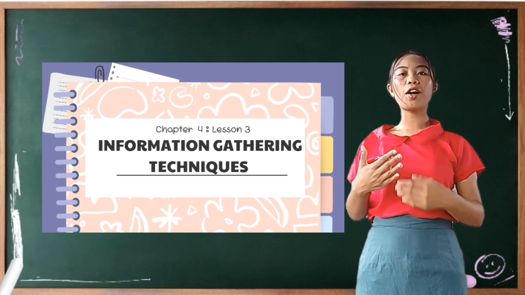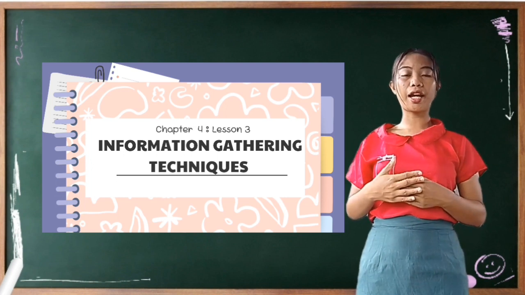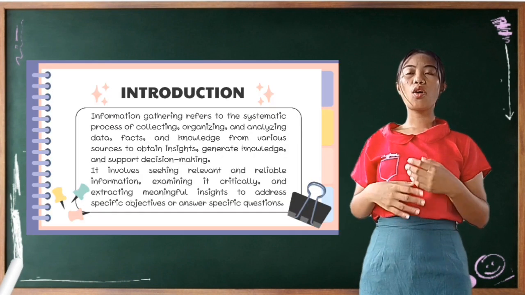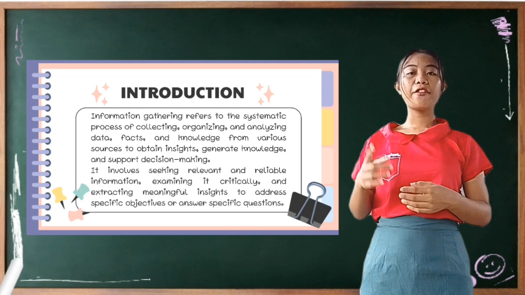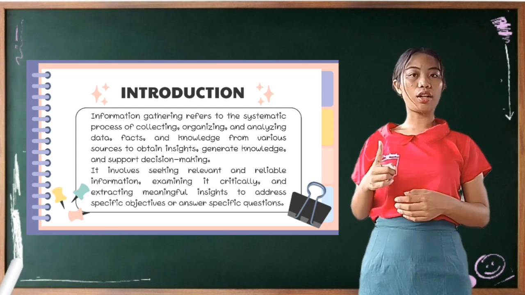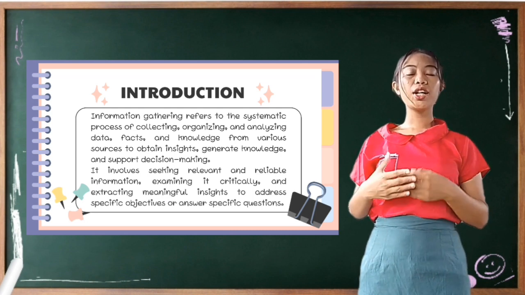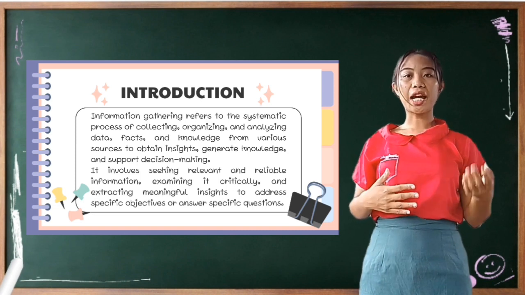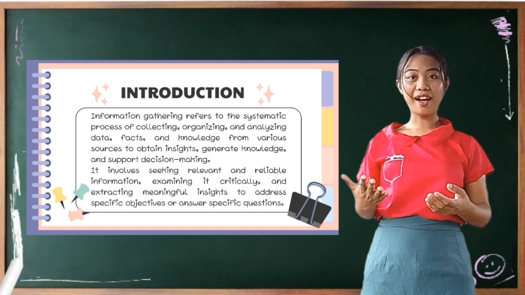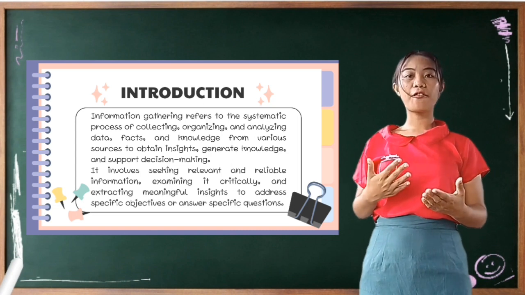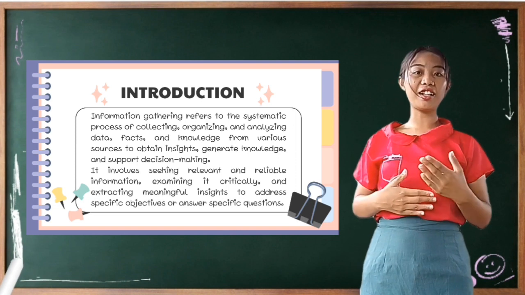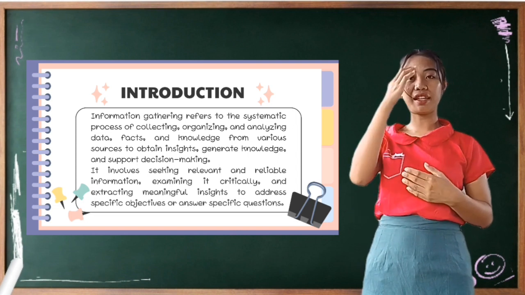But before we start, let us first define what is information gathering techniques. According to one website, information gathering refers to the systematic process of collecting, organizing, and analyzing data, facts, and knowledge from various sources to obtain insights, generate knowledge, and support decision making.